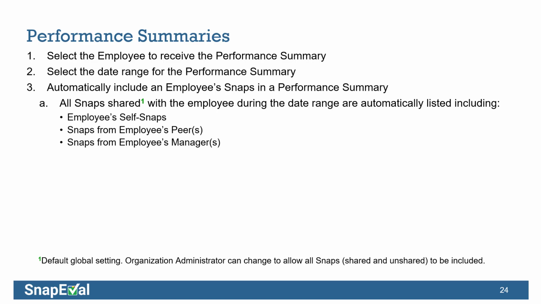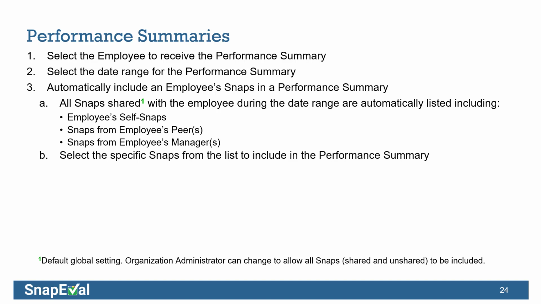So the best practice is that only snaps that have been shared with the employee can be incorporated into the employee's performance appraisal or performance summary. However, if your organization feels differently about it, there is a corporate-wide setting that you as an organization administrator can change that will allow all snaps, both shared and unshared snaps, to be incorporated into a performance appraisal.